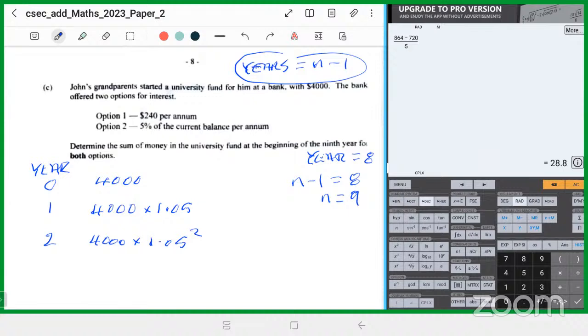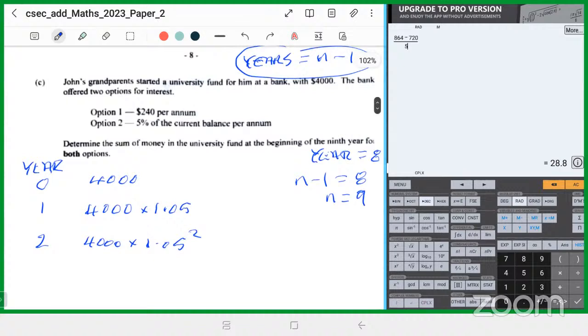So the trick, as discussed, is this word sum. It said determine the sum of money in the university fund. The money in the university fund is the principal amount plus the interest. Remember, in this series, you're adding 240 every year. But in this series, you are multiplying.